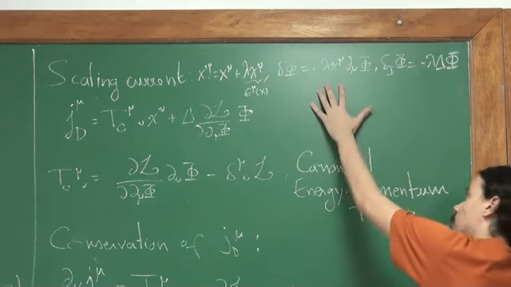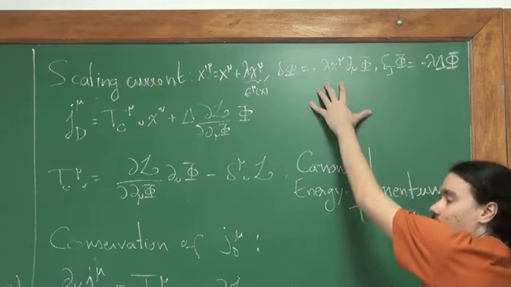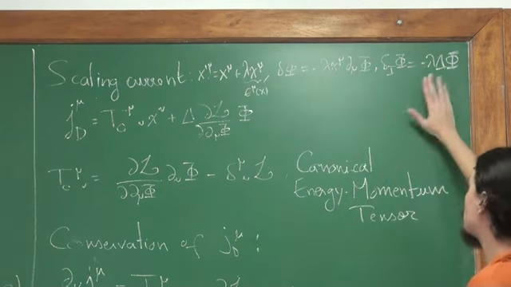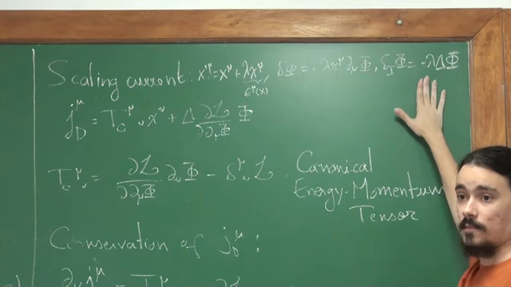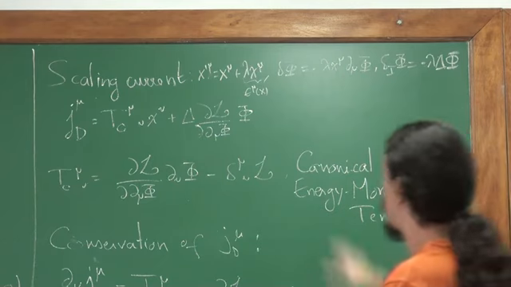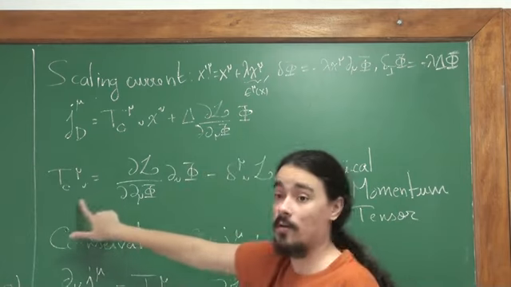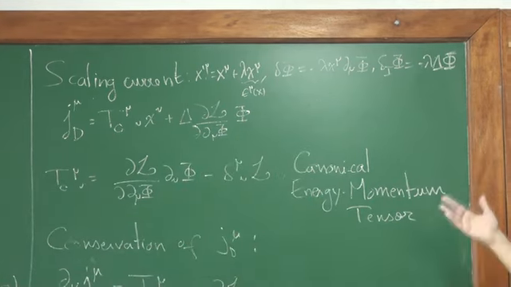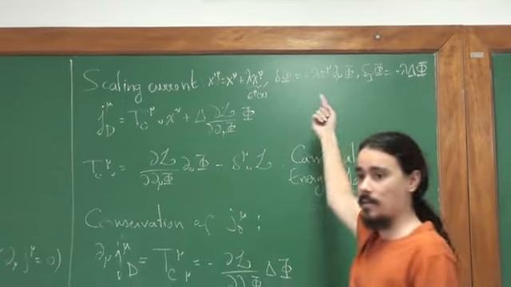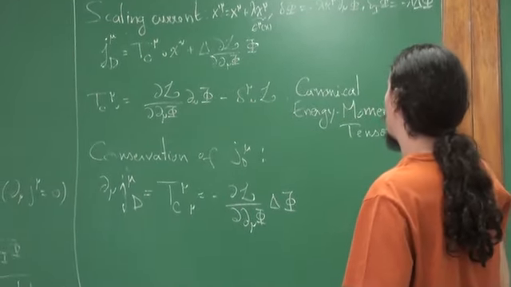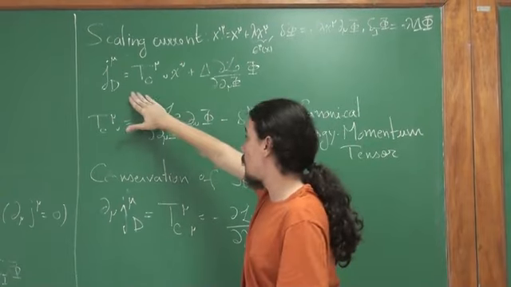This induces this transformation on the field, this external transformation, and this internal transformation in the space of fields. And then just plugging this all together, and reminding the definition of the canonical energy momentum tensor that arises when considering translations in the same fashion, we can write the scaling current in this form.